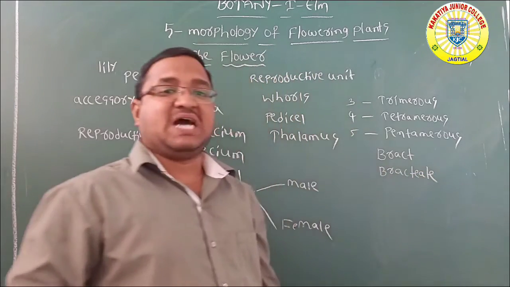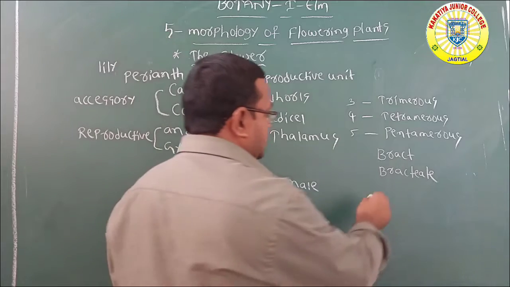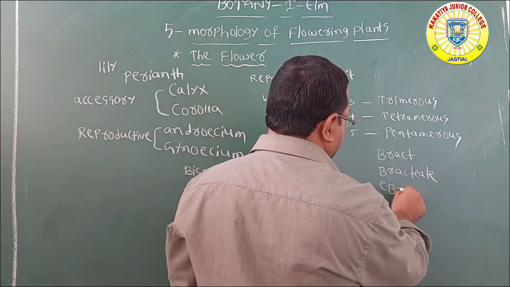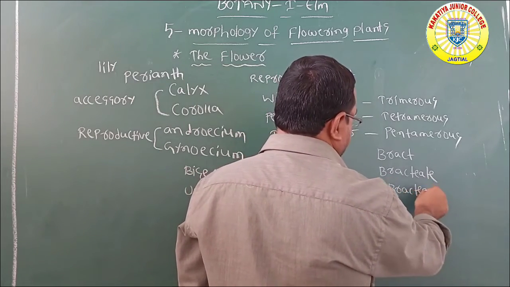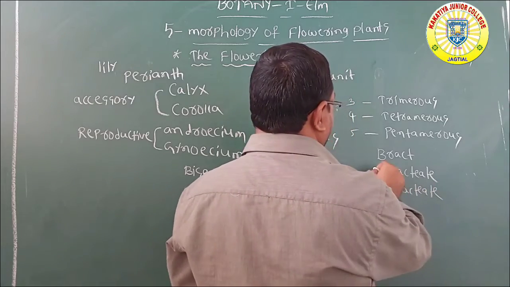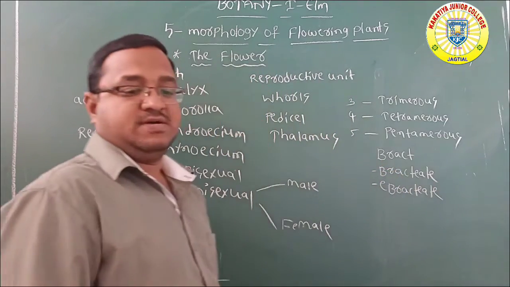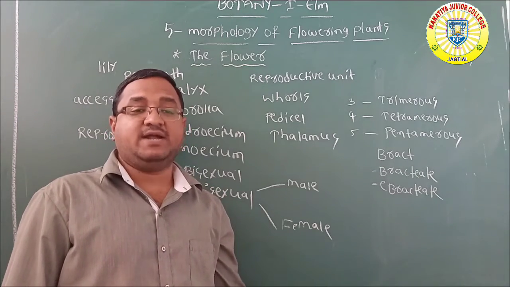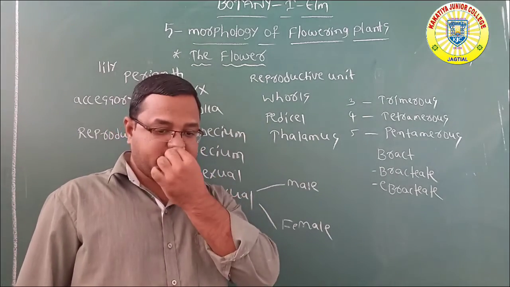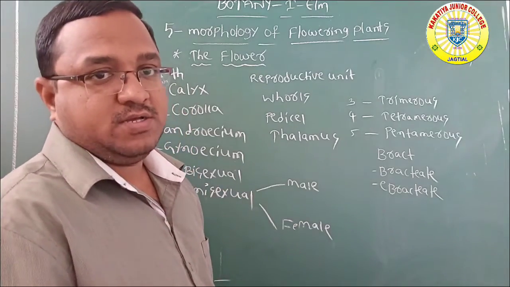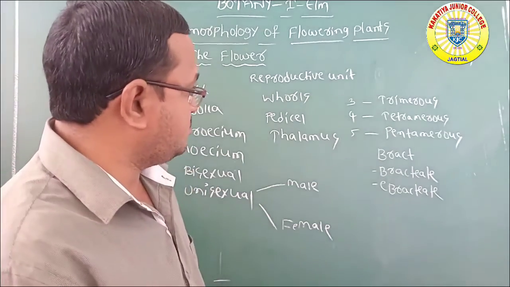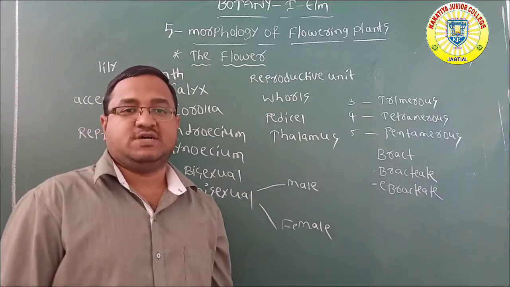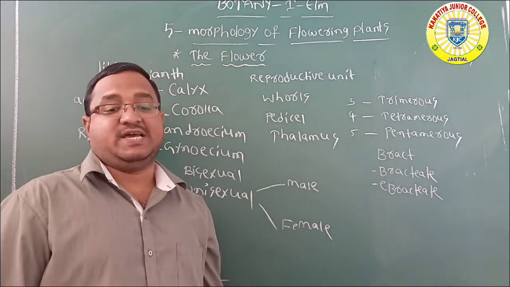The flowers which do not have a bract are called abracteate. Based on the bract, flowers are of 2 types, bracteate and abracteate.